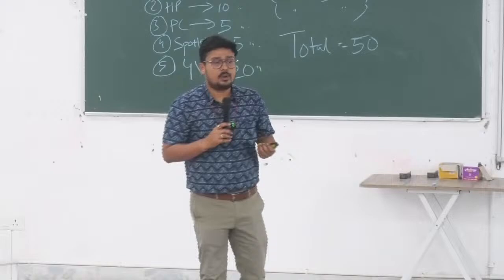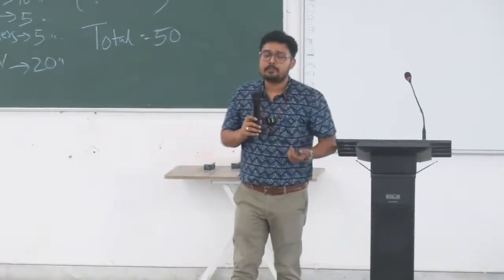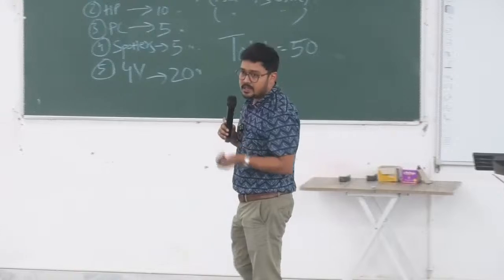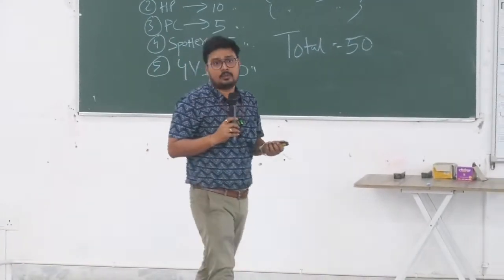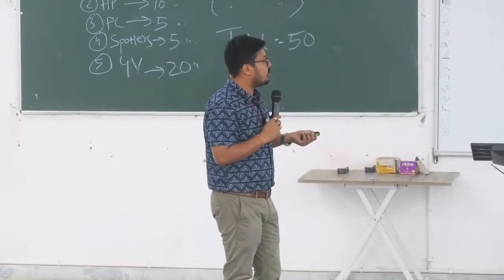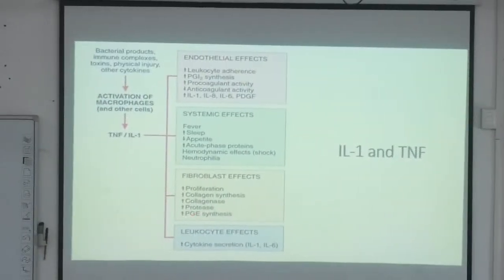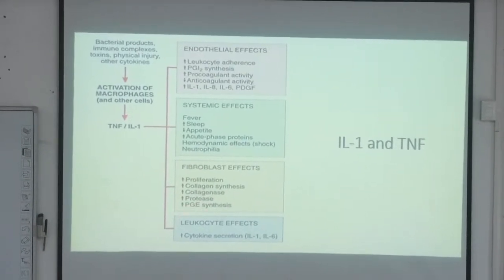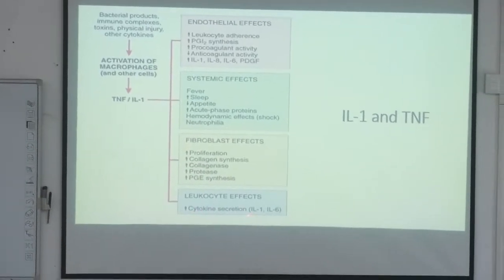So fever is mediated chiefly by interleukin 1, and decreased appetite or cachexia is mediated by tumor necrosis factor TNF alpha. And the fibroblastic effect: increased proliferation of fibroblasts, increased collagen synthesis, increased collagenase, increased protease, and increased prostaglandin synthesis.